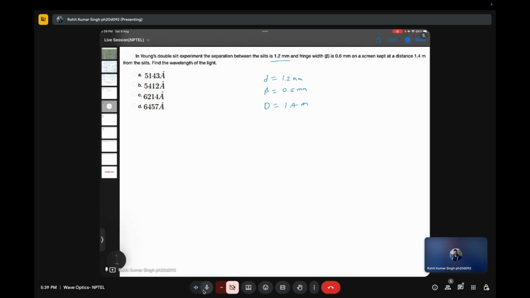Okay, we need to find the wavelength of the light, which is just to use this formula, correct? So just simply multiply this.